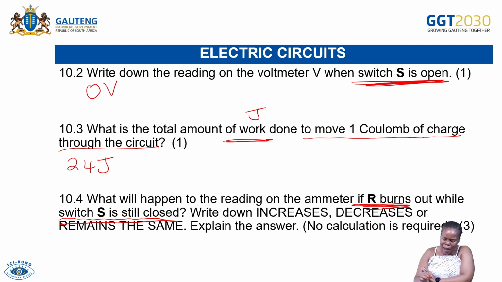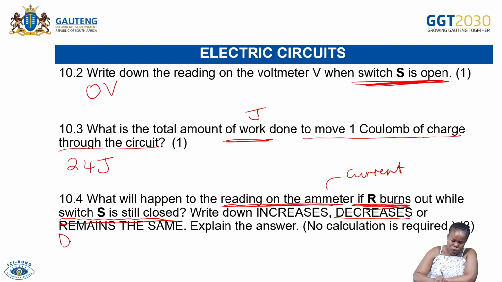What will happen to the reading on the ammeter? The ammeter reads current. So if the R burns out, the one that is worth 4,2, the reading on the ammeter will decrease. And I'll tell you why it will decrease.